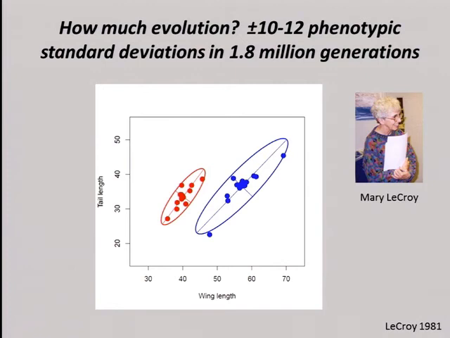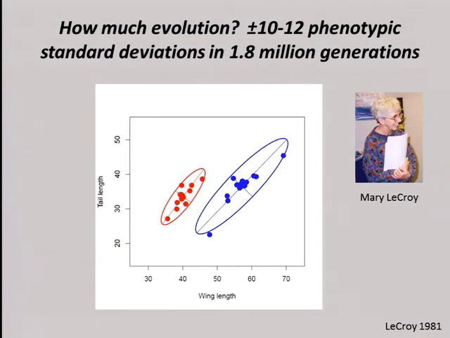I have to tell you that I've standardized the traits so that within the population they have a standard deviation of 1, variance of 1. We plotted things here so that we can measure the width of the differentiation in male wing length in units of phenotypic standard deviation.